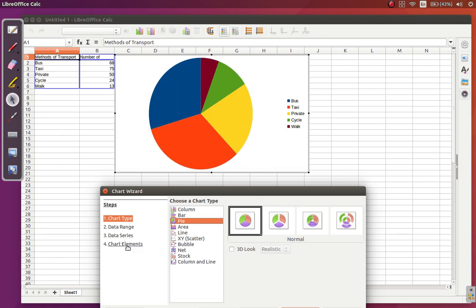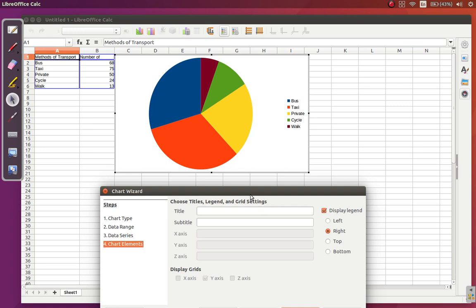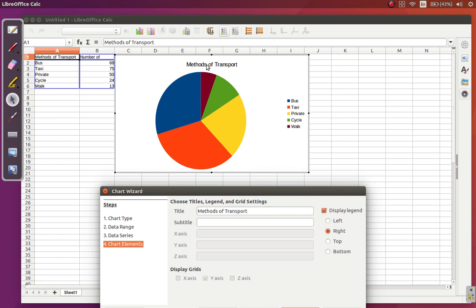Here, I didn't put a label in. Let me see, chart elements, label, method of transport. Methods of transport. I have my label at the top, and you can have a subtitle. What would I call this now? Survey done by me.